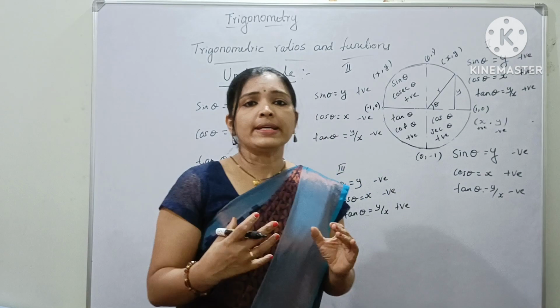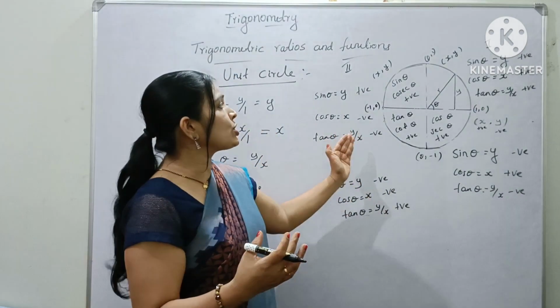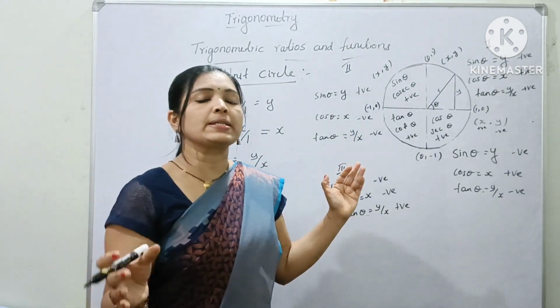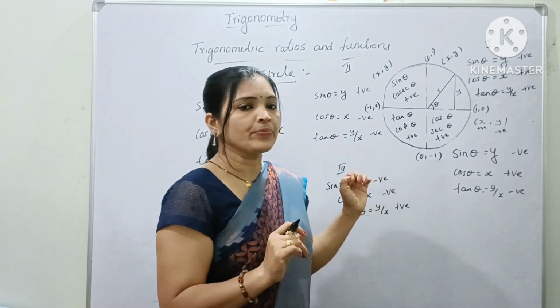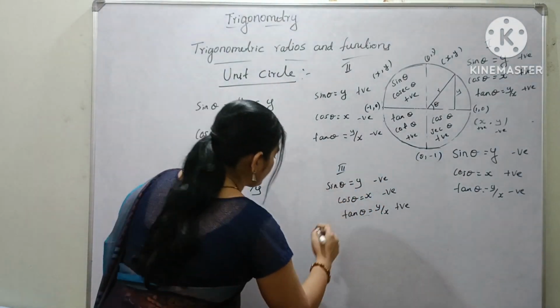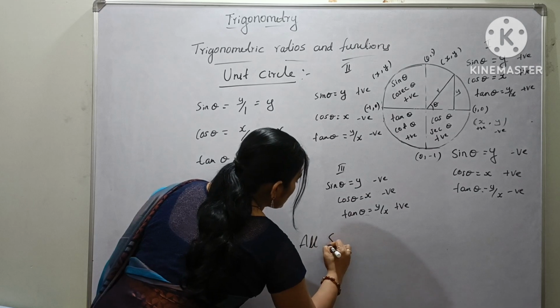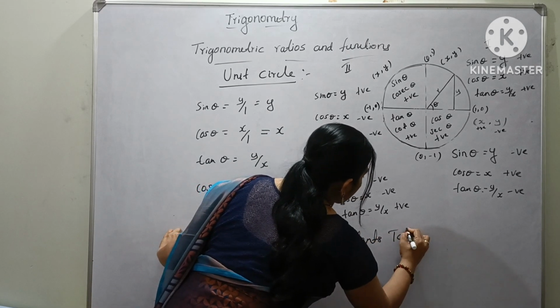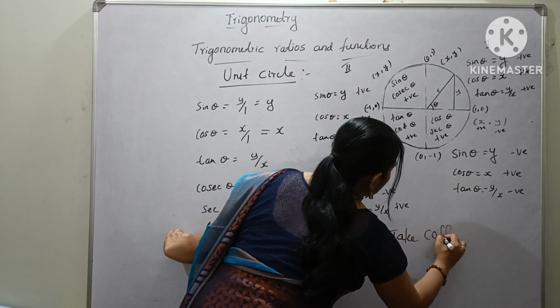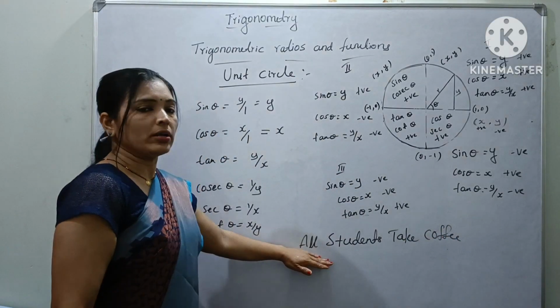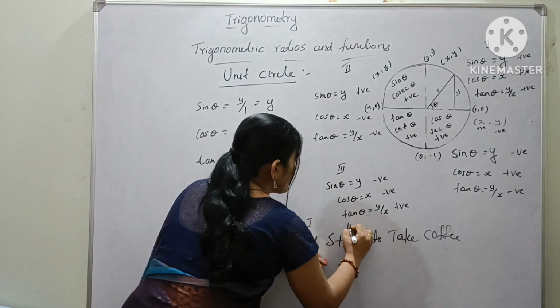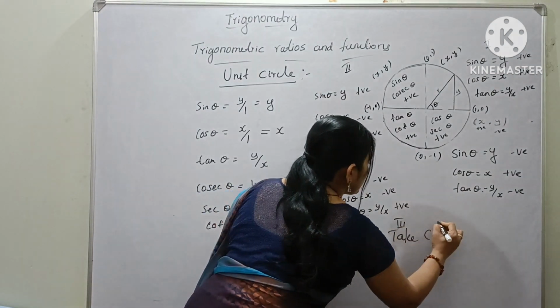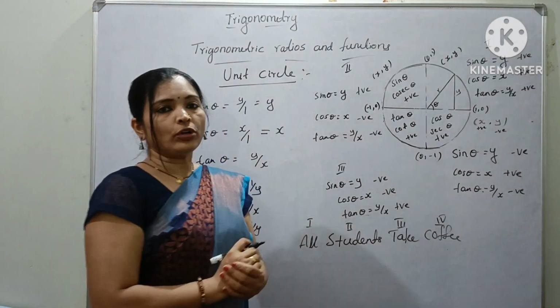There is one sentence for remembering the signs of the 6 trigonometric functions in different quadrants of a circle. That is, all students take coffee. Here, the first word is for the first quadrant, the second for the second quadrant, the third for the third quadrant, and the fourth for the fourth quadrant.